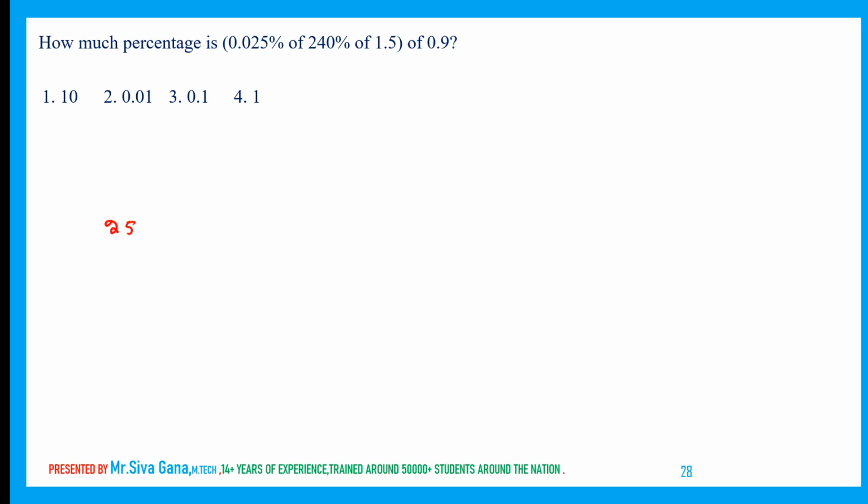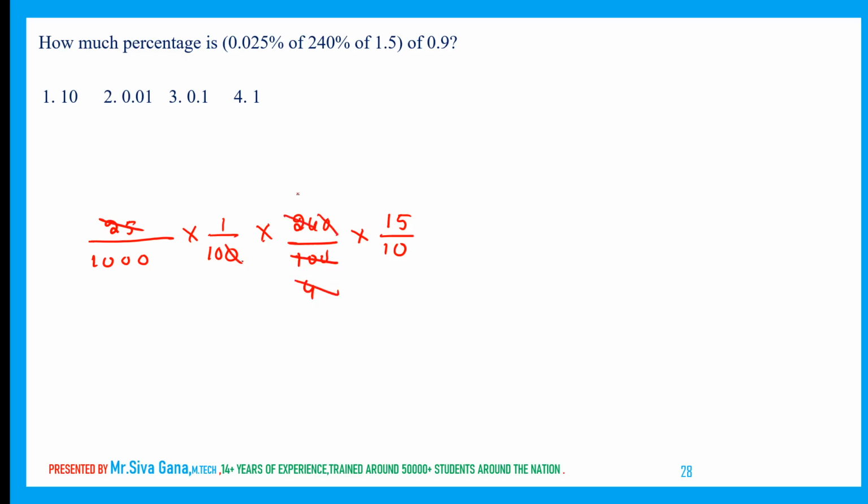So 25 divided by 3 zeros, nothing but 1000. We need the percentage, that is the reason why 1 by 100. 240%, 240 divided by 100 into of 1.5, which is nothing but 15 by 10. 15 by 10, right? 25 fours, just see this, remove the zeros.